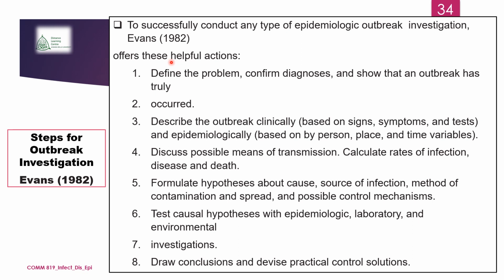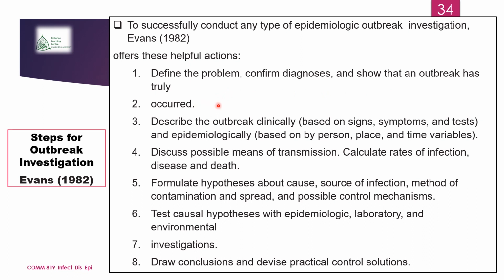One of these is that you need to define the problem. That's like the case definition. You need to define what problem you are trying to investigate. You need to confirm the diagnosis, whether the problem actually exists, and show that an outbreak has truly occurred.